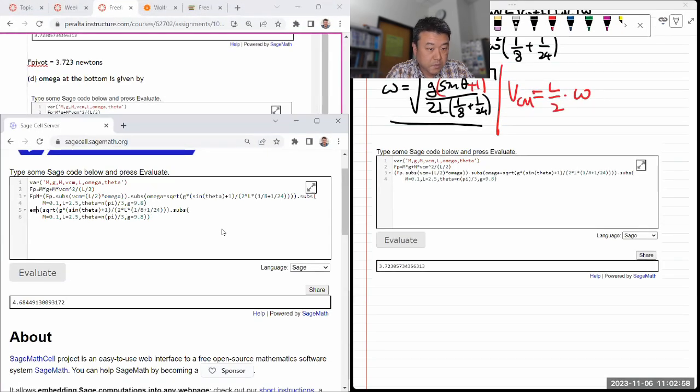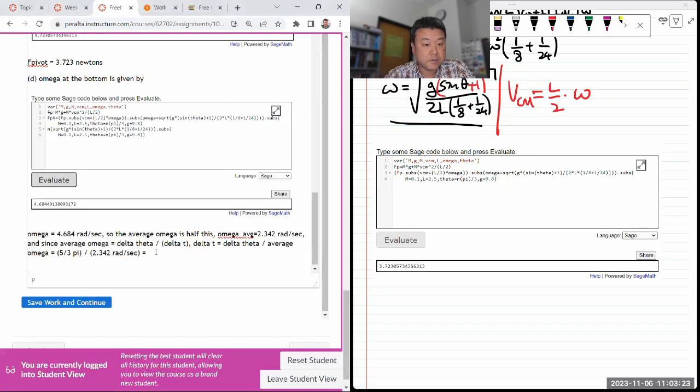So this is going to be omega average if I multiply this by 0.5, and for the delta t, it's going to be a numerical approximation of 5 over 3 times pi divided by omega average. So 2.235 seconds.